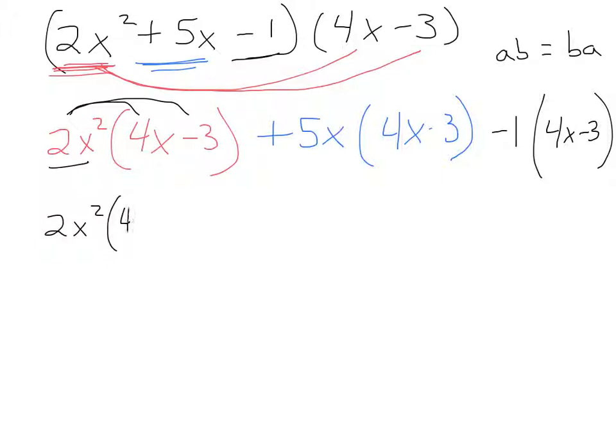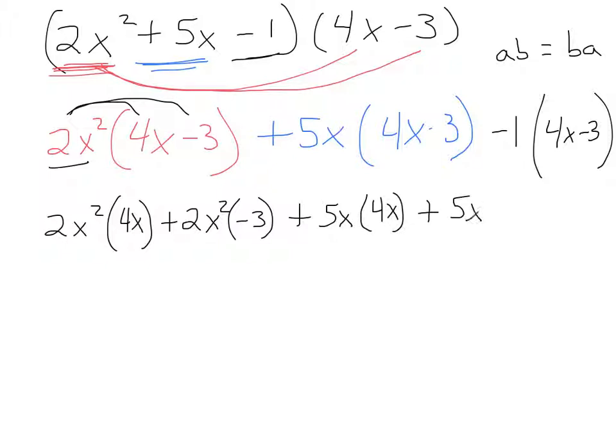And now I'm being a little dramatic here, and I'm going to write every single term. Why, Mr. Lemon? Because I don't want to get it wrong. I'm going to show exactly what I'm doing and then do it. It just makes sense. Here's a 5x, and be careful, that's a -3 it's multiplying. And here's a -1 that's multiplying 4x. And here's a -1 that's multiplying -3.